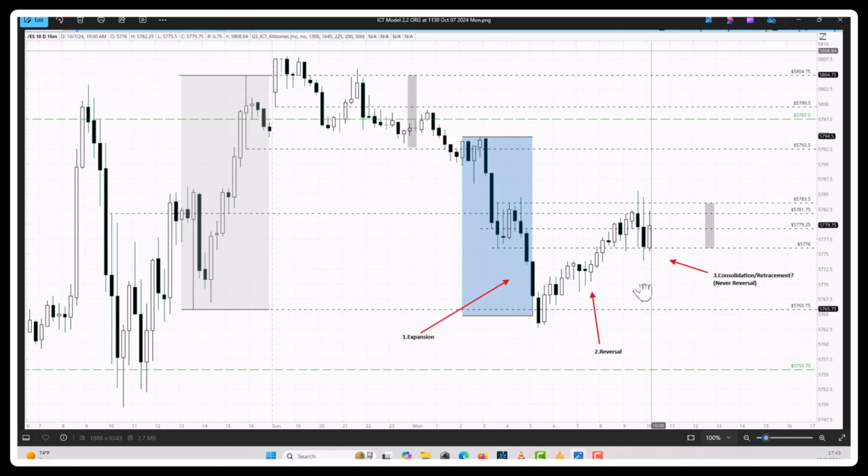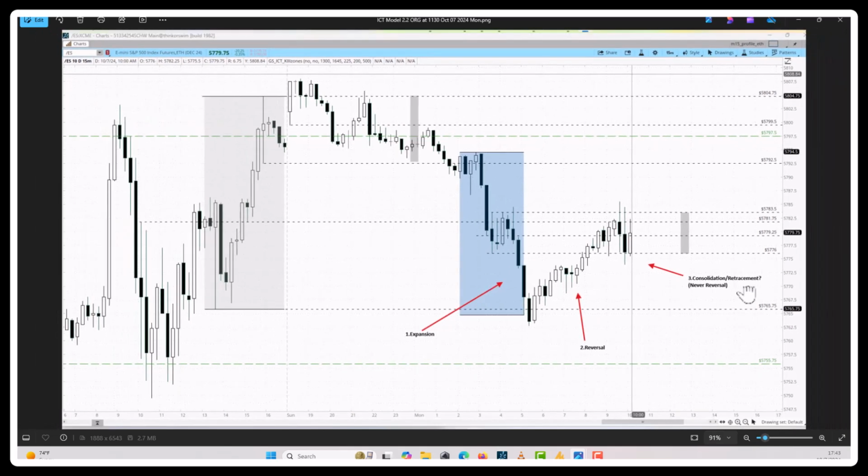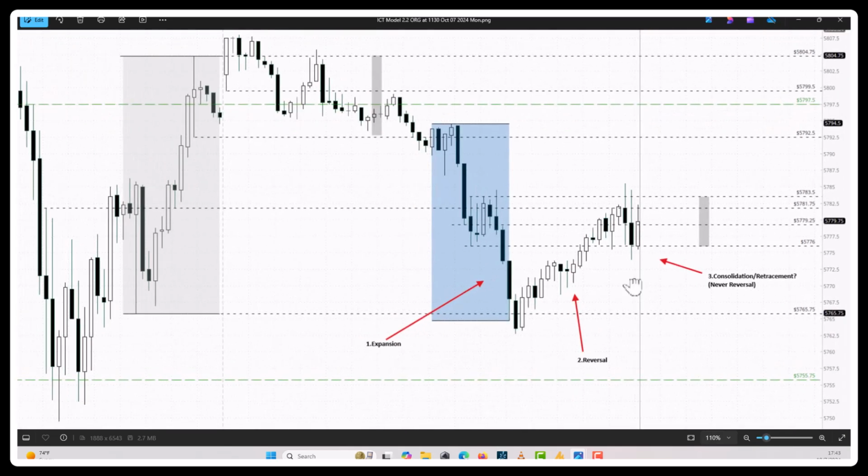And like we said earlier, after the reversal, it's going to come back to consolidation or retracement. It will never reverse right away. That is the key. It will never have a reversal right here and then reverse back. No, never. It always goes to retracement, or in most cases it goes to consolidation and then it's going to expand.